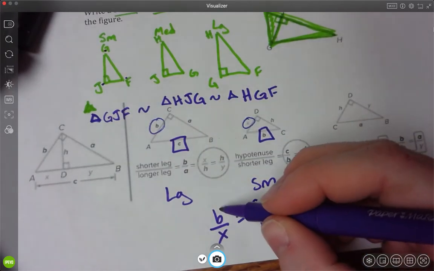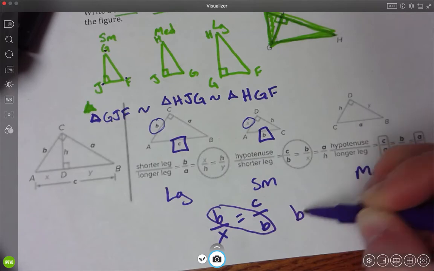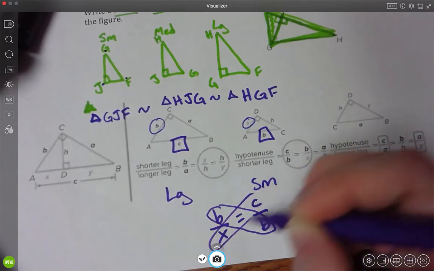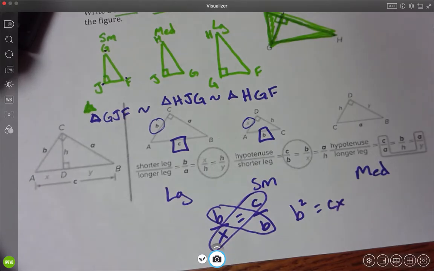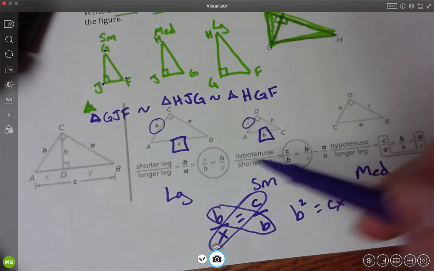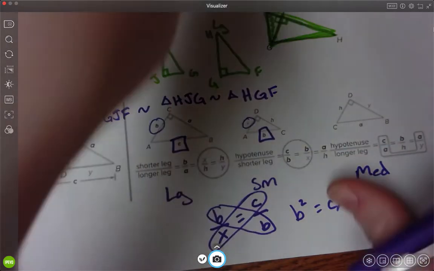That again is like that geometric mean, because I'm going to end up with B squared equals CX. And then I can solve for things. They will give us actual numbers instead of giving us X's and B's and C's. But you can set up each one of the sides into a proportion.